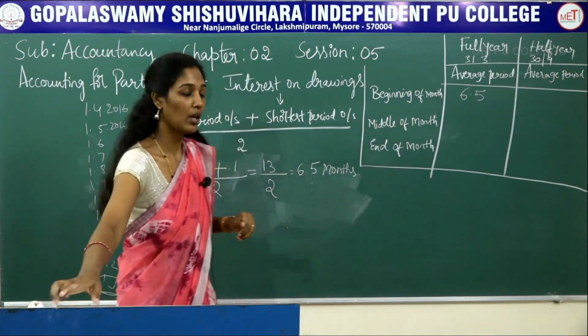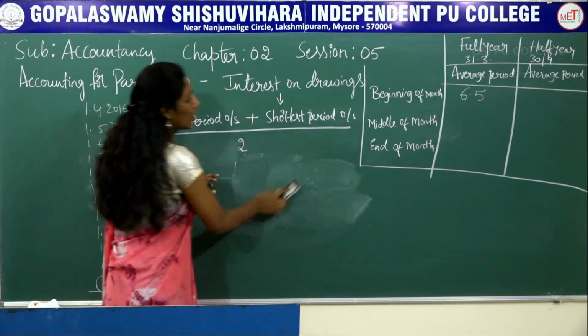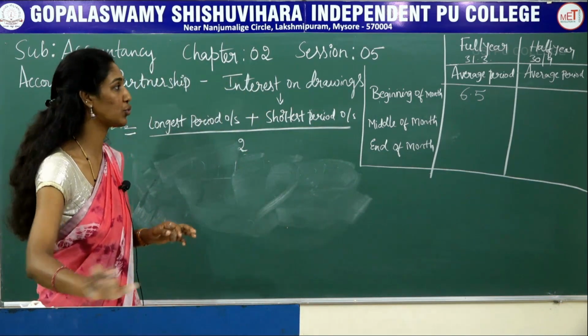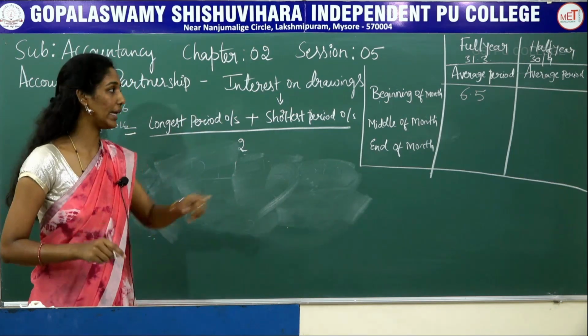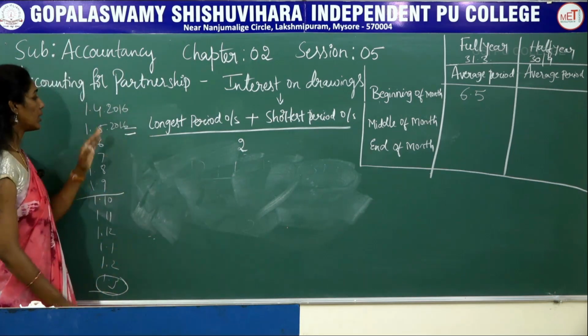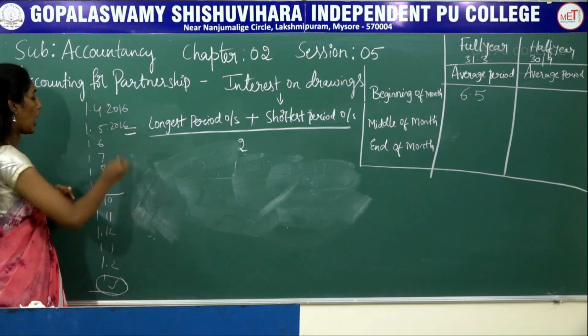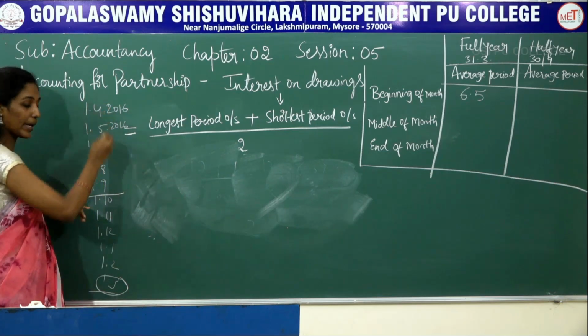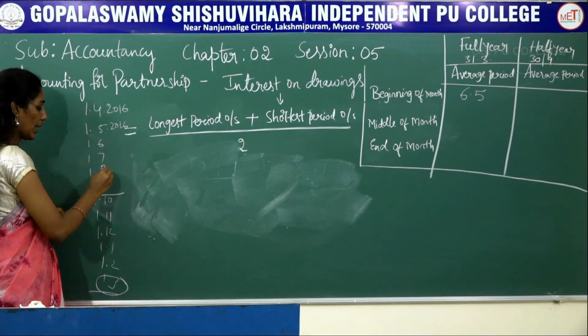The next is, if the company accounts are closed half yearly, then the average period will vary in this case. Here the books of accounts are closed on 1st September. So you have to count from 1st April to 1st September: 1, 2, 3, 4, 5, 6.